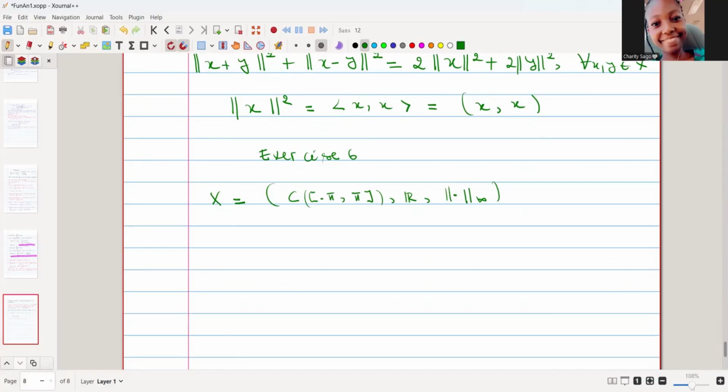Now, the identity defined from X to X. I hope that you know very well the identity function.